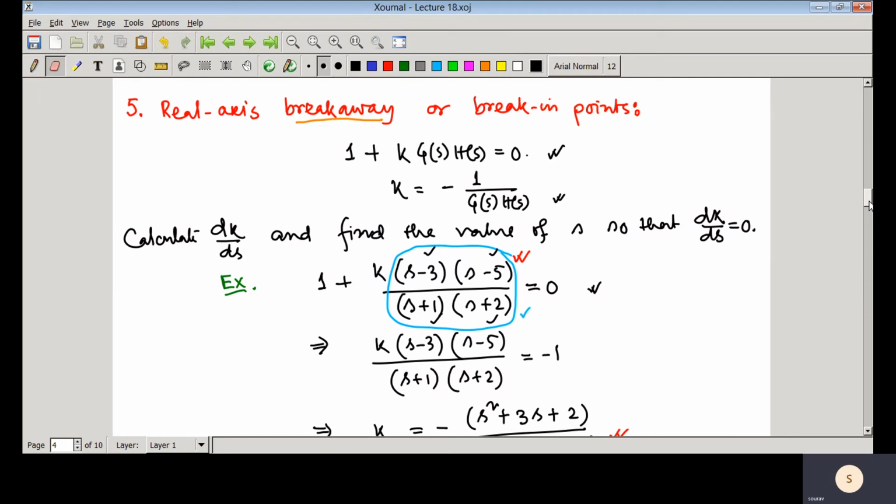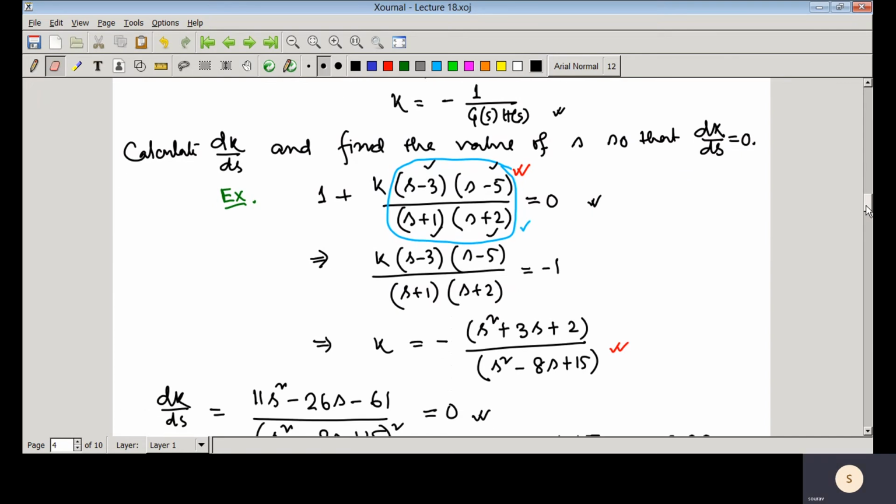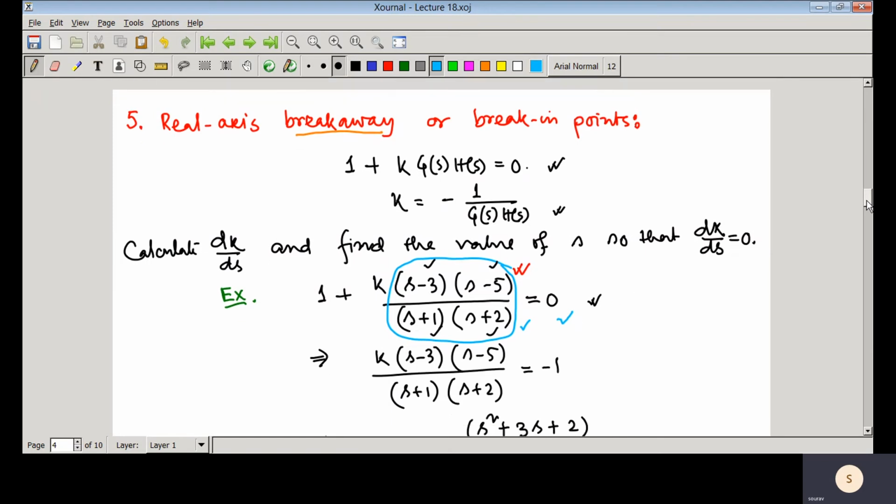So let us start with this example that we solved in the last class, that is, how to find the real axis breakaway point or break-in points. This is the characteristic equation we considered, and this is G(s) and H(s).